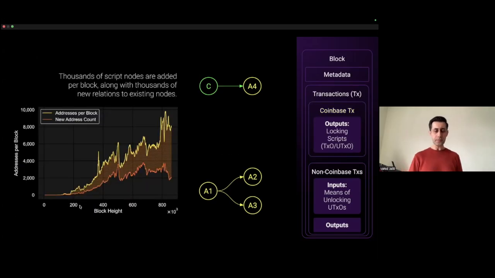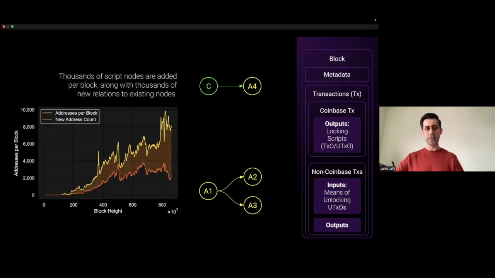So at each block, this plot shows the number of addresses in each block. What this tells us is, if you take block 800,000, at this block we see about 2,000 or 3,000 addresses, or scripts, that are generated in that specific block.